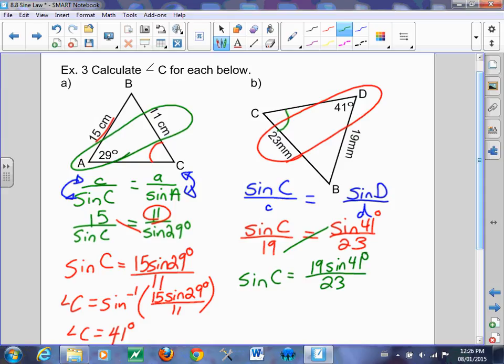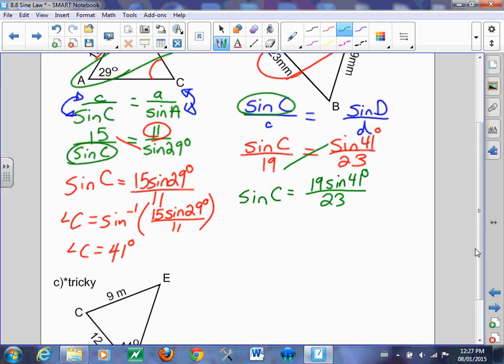If you set it up this way, you're always going to have your unknown up at the top corner, as opposed to the other example, where we had it as a denominator. Might be a little harder to see. Now, folks, again, it's an angle, so angle C equals the sine inverse of 19 sine 41 divided by 23.